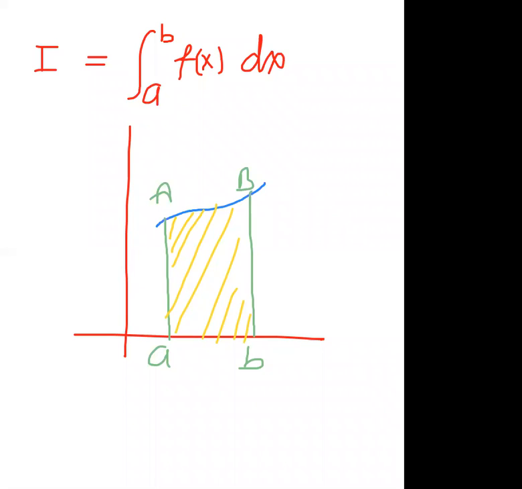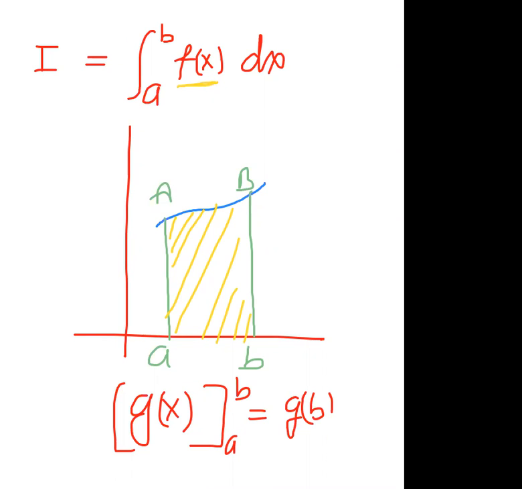Like right now they are saying from a to b, so we are calculating the area under the curve from the point a to the point b. Now when we integrate f(x), the integration of any function is another function g(x), and we put the limit a to b. This will give us g(b), the upper limit first of all, then the lower limit g(a). This way we will solve the problem.